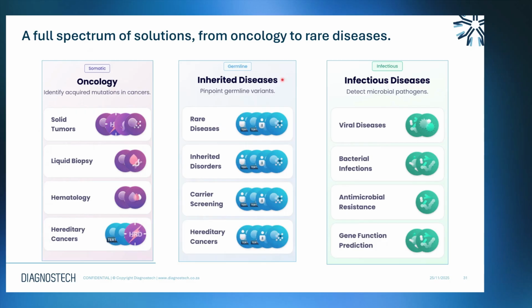For their germline applications for inherited disease, we have rare disease, inherited disorders, carrier screening, as well as hereditary cancers. And then finally, the newest addition to SeqOne being an infectious disease portfolio. This is for detecting microbial pathogens and doing things like drug resistance calling. So it can handle viruses, bacteria, AMR, as well as gene function prediction. For today, I'm just going to focus on one of the germline applications.